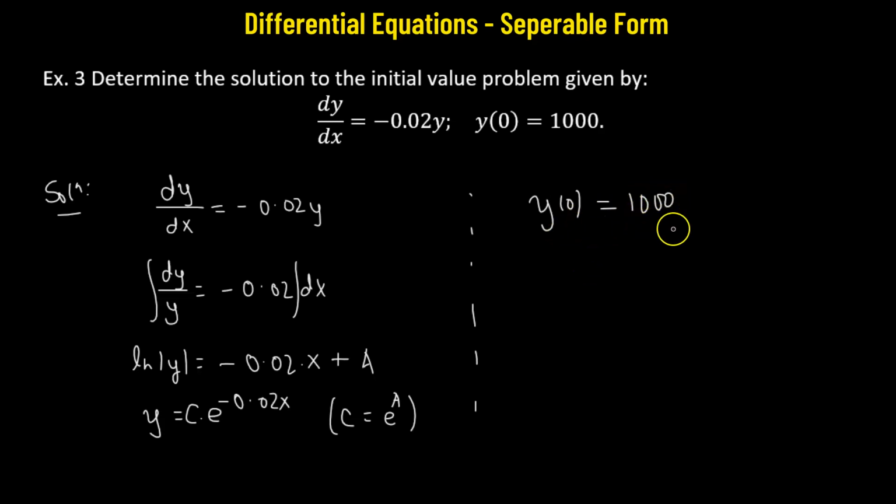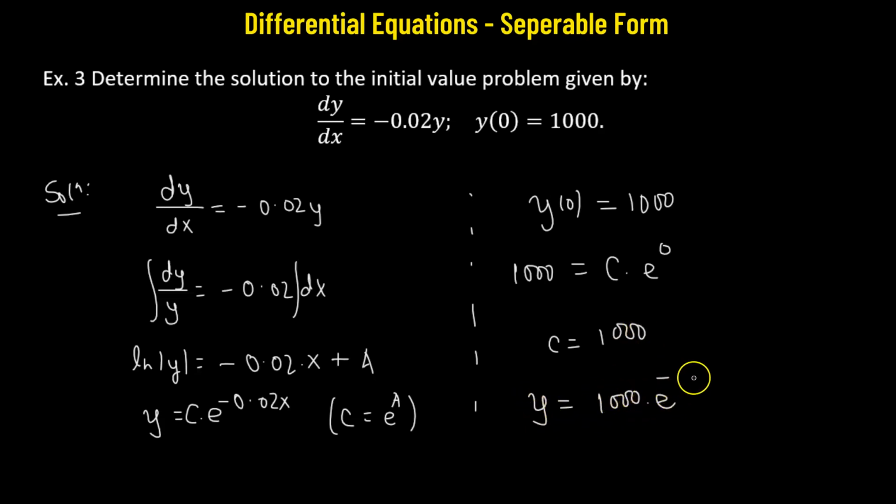That means when x equals 0, y will be 1000. So we'll have 1000 equals c times e raised to the power of negative 0.02 times 0. That's simply 0. That means the value of c is 1000. So our solution will be y equals 1000 times e raised to the power of negative 0.02x.